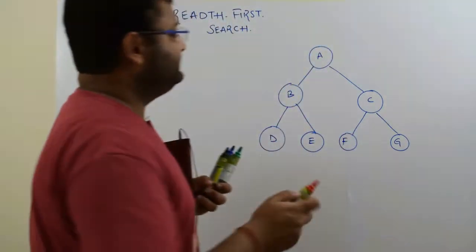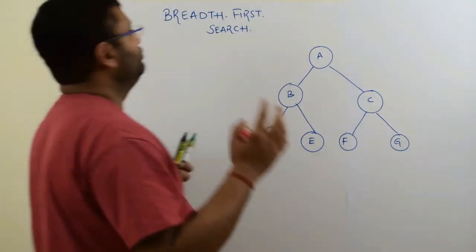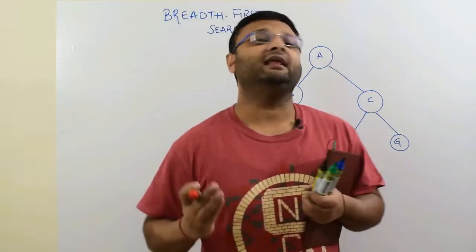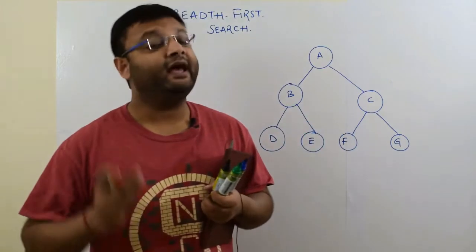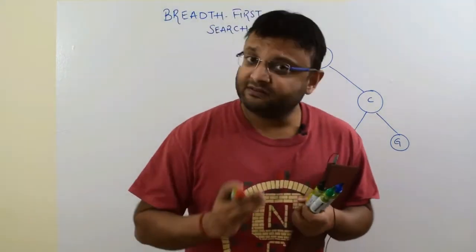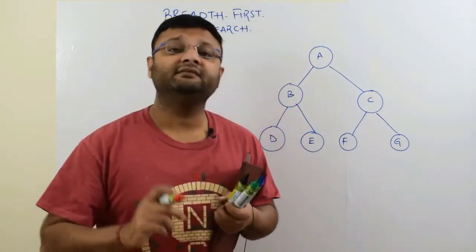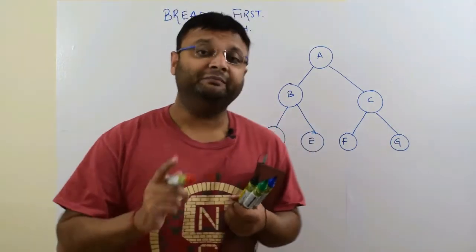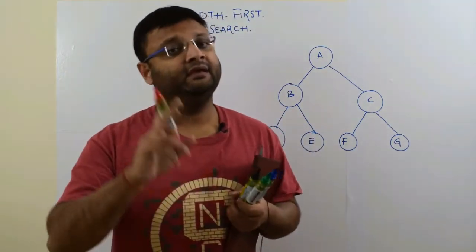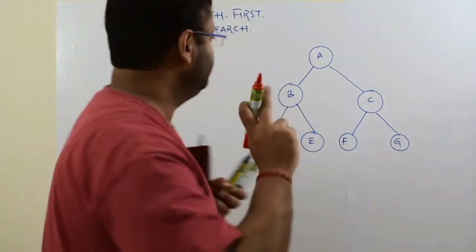So as we have seen, there are two graph traversal algorithms, depth first search and breadth first search. In depth first search, the basic data structure through which we implemented it was stack. In this case, it will be queue.